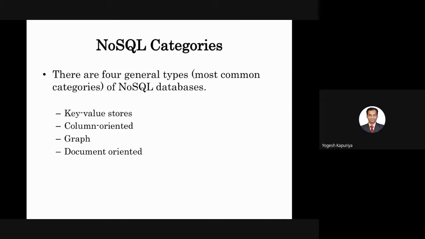These are the four categories of NoSQL databases which currently exist in the industry. First is a key value store. Second is a column oriented database. Third is a graph oriented database, and fourth is a document driven database. So let us discuss each of these one by one.